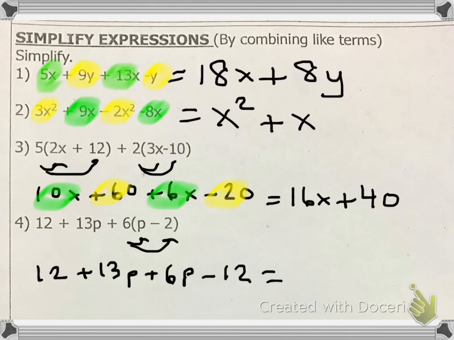And then let's see if we can combine. I see we have a 13p plus 6p, that's 19p. And we have a 12 minus 12. So those two are actually going to get rid of each other because 12 minus 12 is 0. So we end up with just 19p.